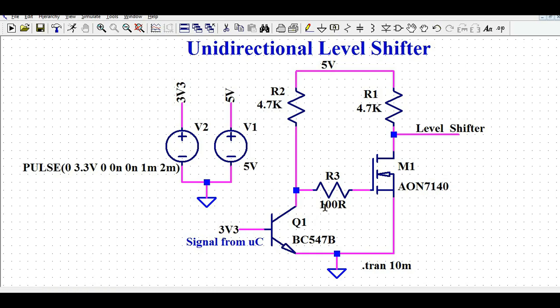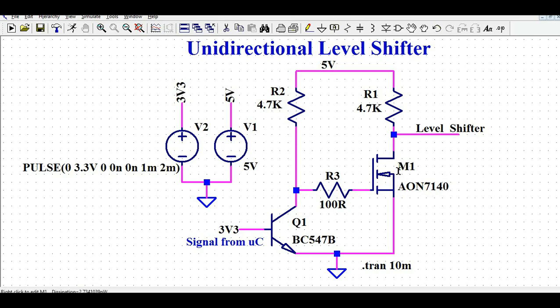Then in Q1, what I have done here is I have also connected one resistance R2. I have connected 5 volt to R2, and this R2 goes to the collector of Q1, a 4.7K resistor connected to 5 volt. Now the collector is connected to the gate of your N channel MOSFET.